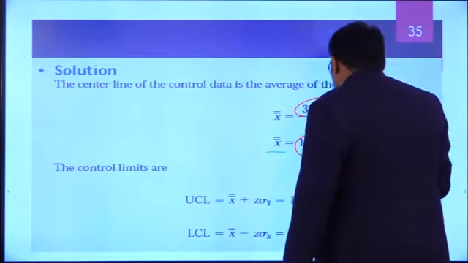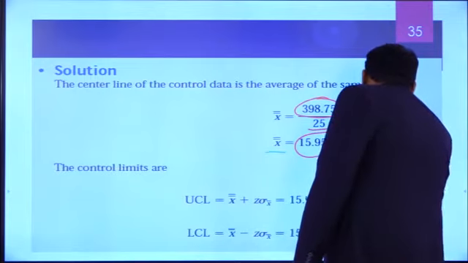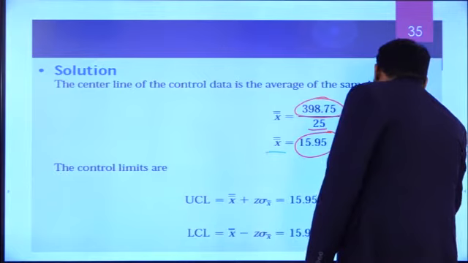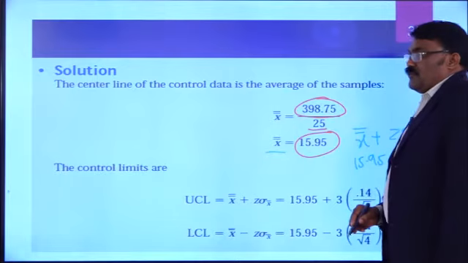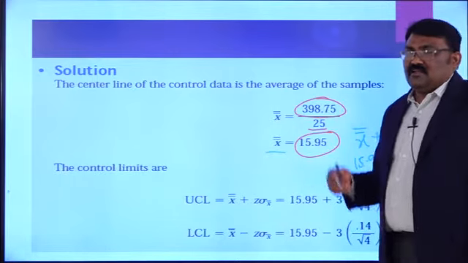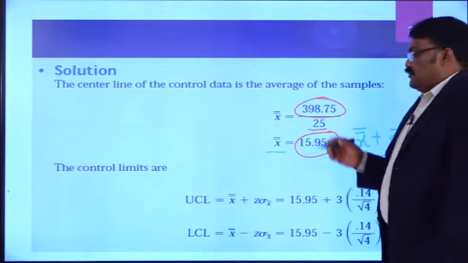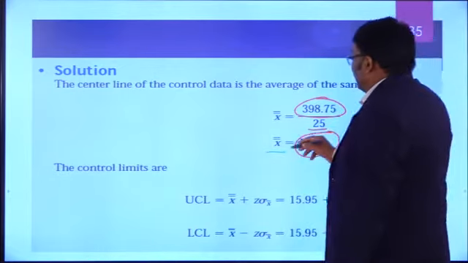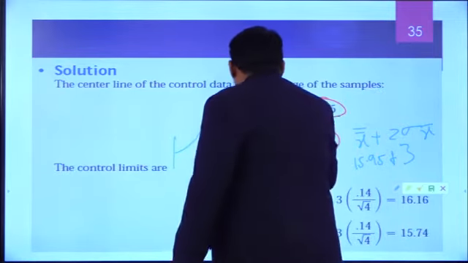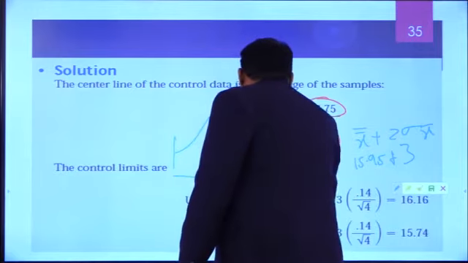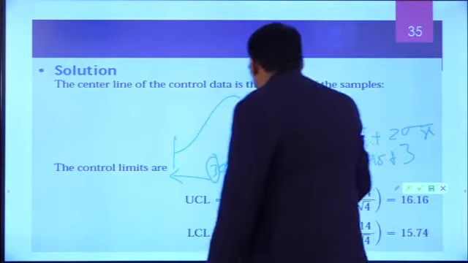So, x double bar is equal to 15.95 plus z, which is 3, because we are taking 3 sigma, plus or minus. As we have drawn in the diagram, from this end to this end, this value is nothing but 3 sigma. So, this value is the z value.